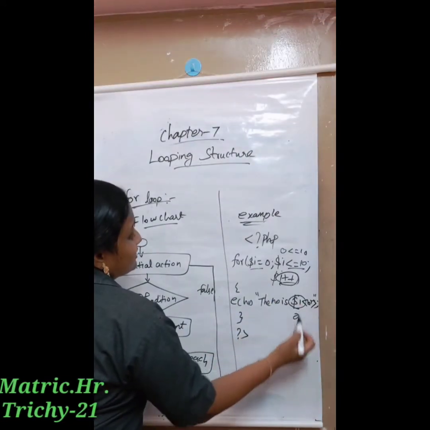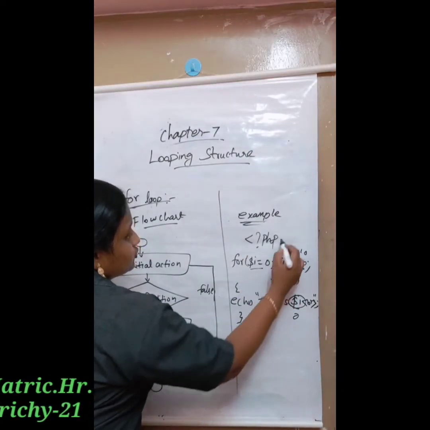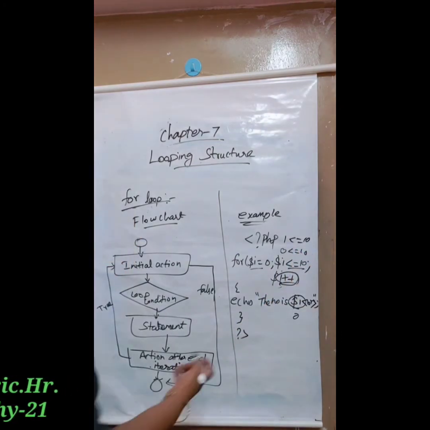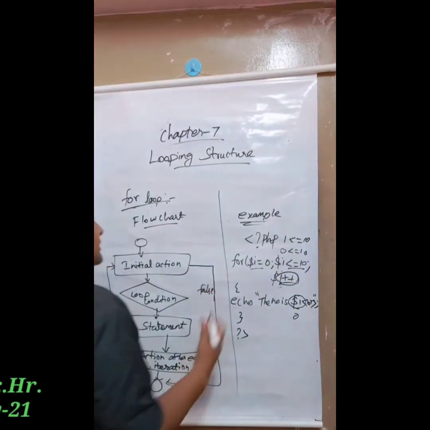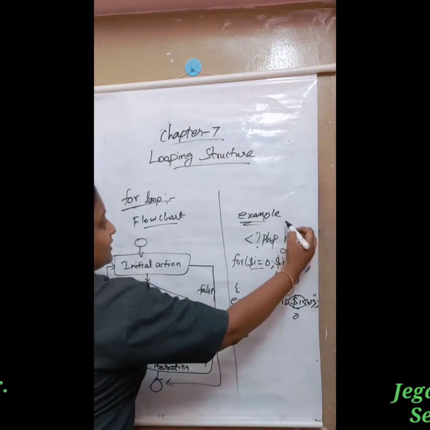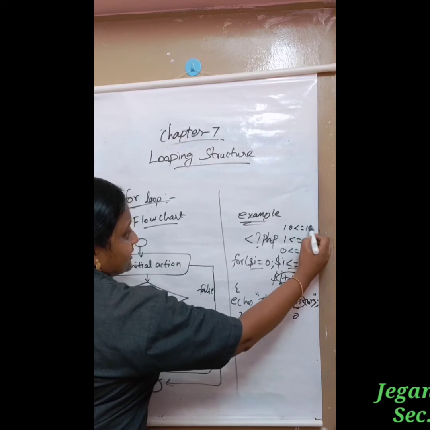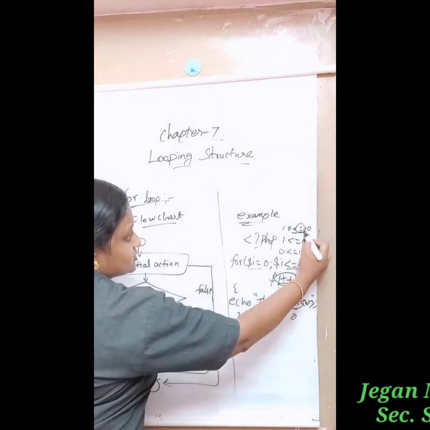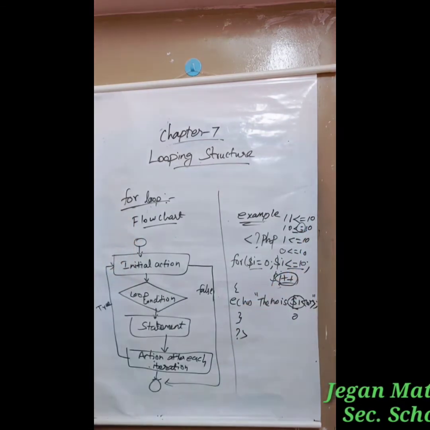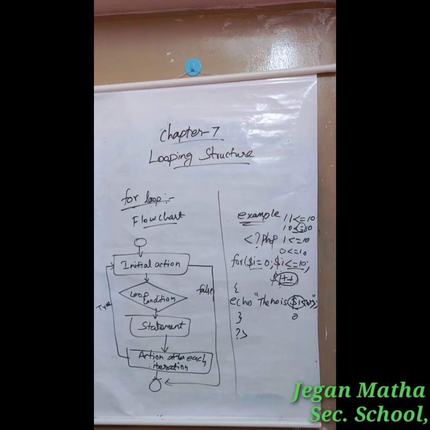Now the value of i is 1. Again the loop runs: 1 is less than or equal to 10, the condition is true, so it prints the number 1. This continues until the condition becomes false. 10 is less than or equal to 10 is true, because we used equal to. If the value is 11, 11 less than or equal to 10 is false, so it exits from the loop.